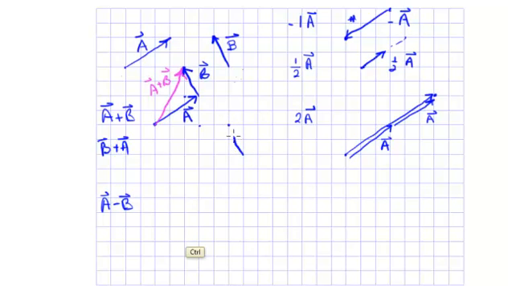So there's B. And then I draw the A vector in, which is over 1, 2, 3, up 2. Okay, so there's A. And B plus A is this vector. These two vectors are the same.